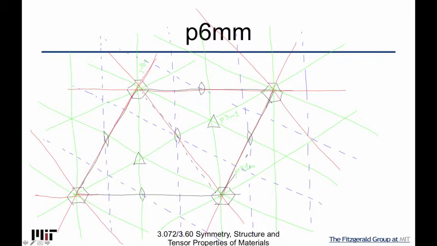So if I look at this being parallel to this, we probably should have also one coming through here. And of course, that means that we should have one here. If I did that right, we should have one here.